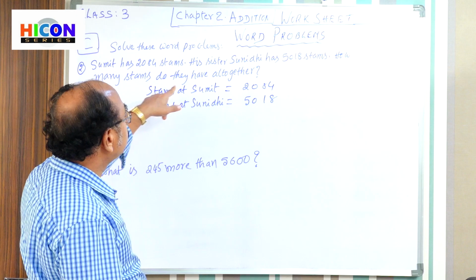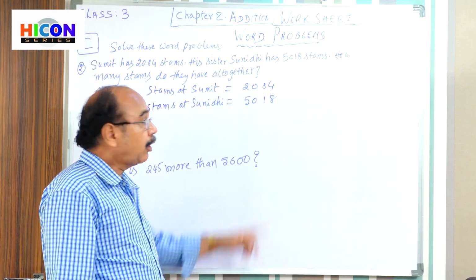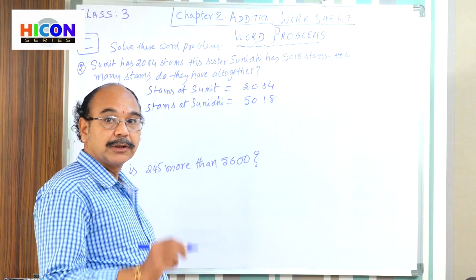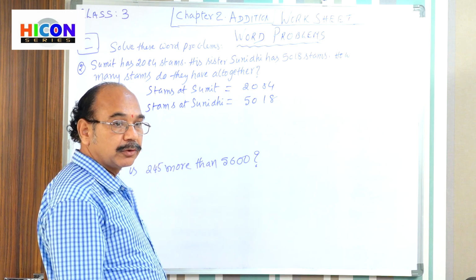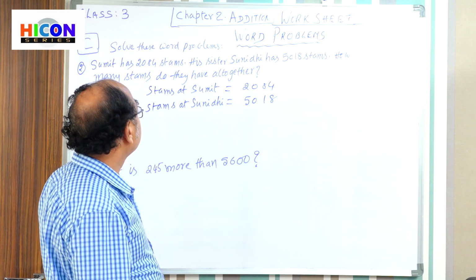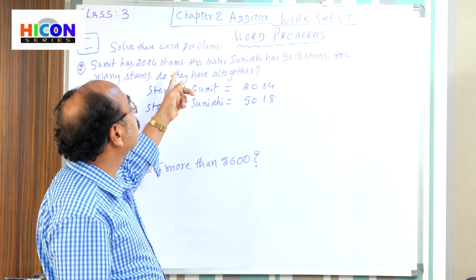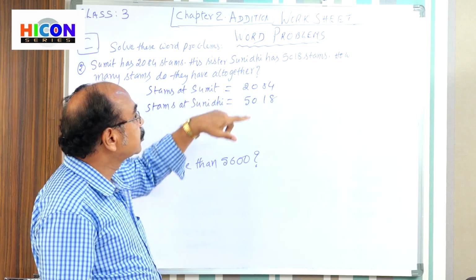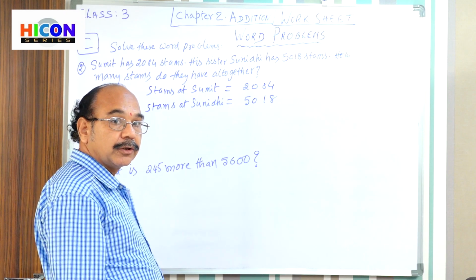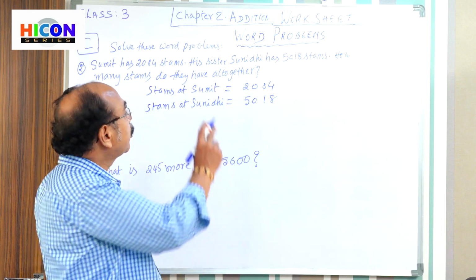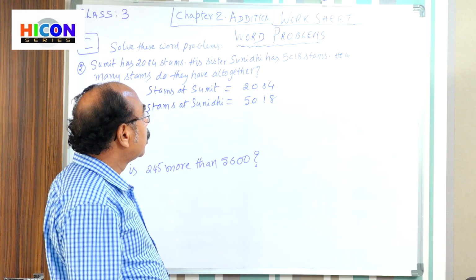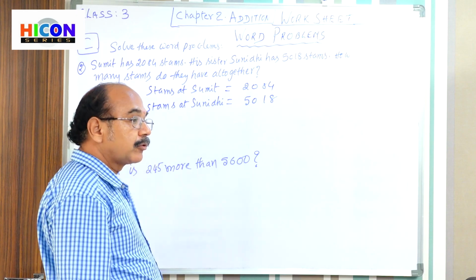Now, how many stamps do they have altogether? Here, altogether means combining both, that means Sumit and his sister Sunidhi. In the hands of both the persons, totally how many stamps are there?